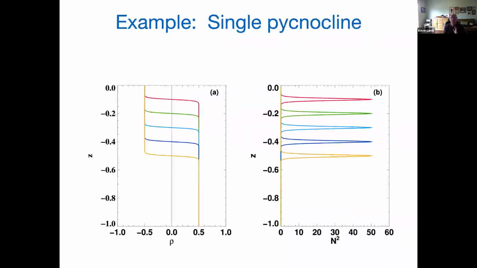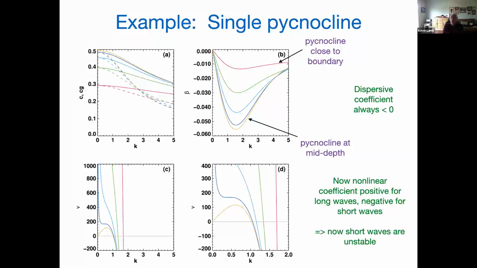If I consider a single pycnocline, these 5 curves represent 5 different 2-layer stratifications, with the pycnocline at different depths. Over here, I plotted N squared, which is just minus the derivative of the density. Here I'm plotting C and CG, the phase speed and the group velocity.